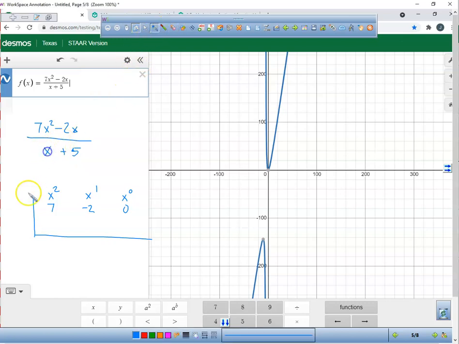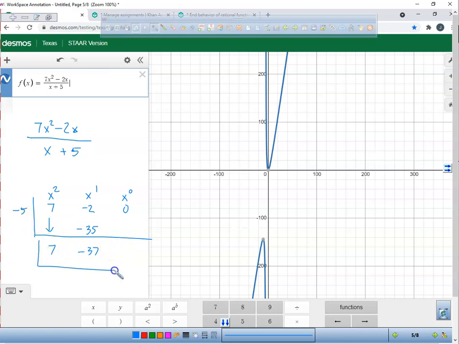What number would I plug in? Yeah, very good. You remembered. Negative 5. What are we going to do? Drop this down. Multiply that together. What do we get? Negative 35. Add those together. We get negative 37.